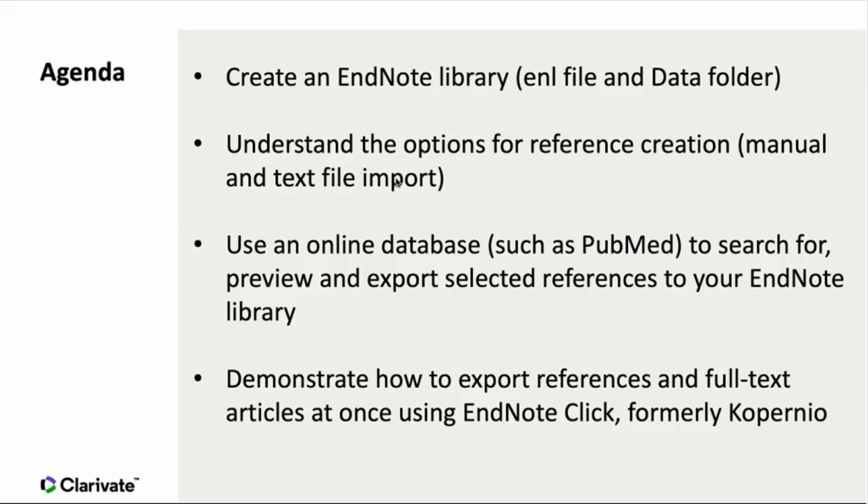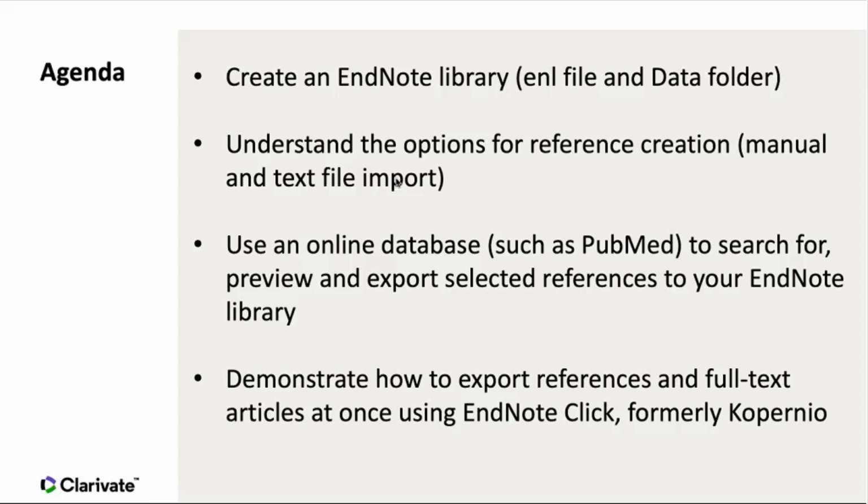I also will be showing quickly a new feature that's been implemented in EndNote. It's another Clarivate solution, formerly known as Copernio, now rebranded as EndNote Click. It's an optional browser extension that can help you locate the best quality version of each journal article that you're interested in, either from an open access published format or using institutional resources.